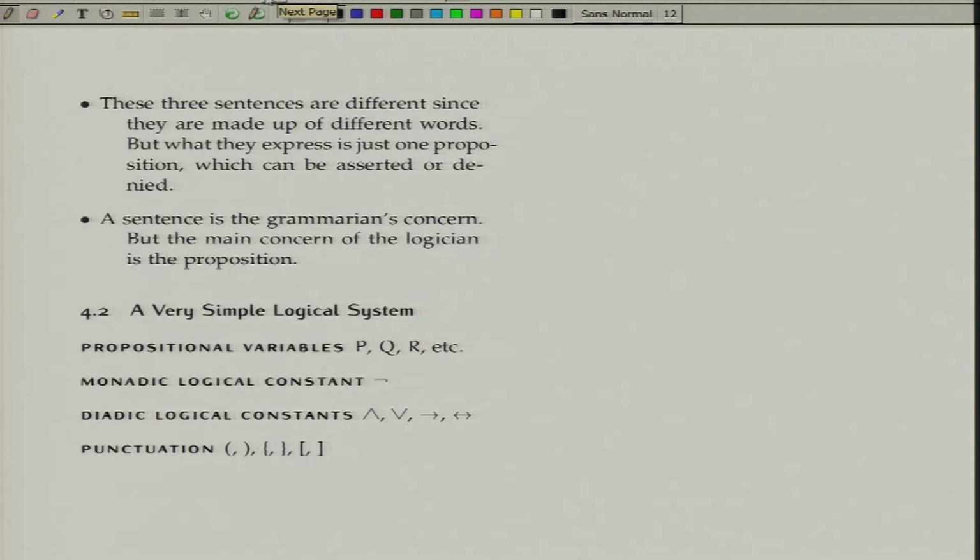Now, propositional calculus is the very starting point of formal logic. This is not the only calculus in logic. There are several calculi, but propositional calculus is the very core of the entire thing.